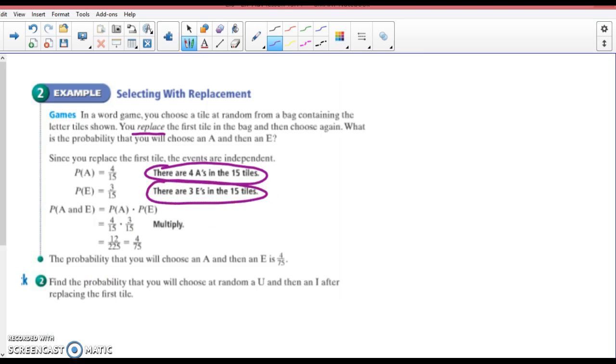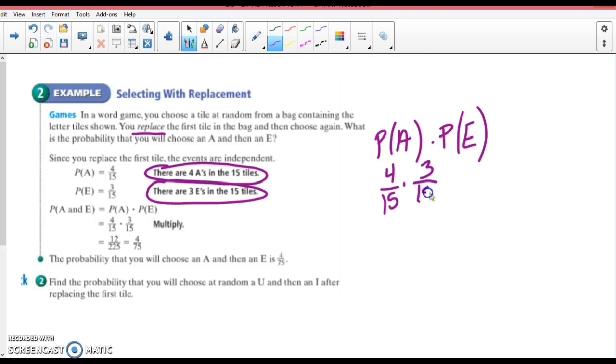Okay. What is the probability you will choose an A and then an E? So the probability of an A times probability of an E. So there are 4 out of 15 that are A's. Now, you are going to look at that tile and then you are going to replace it. Put it back in the bag. What's the probability that the rest are E's? The next one's 3 out of 15.